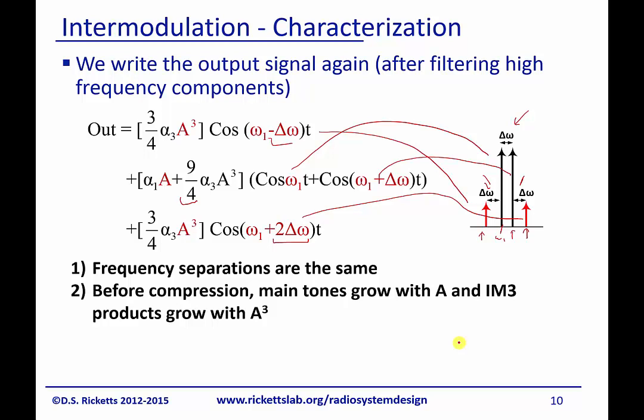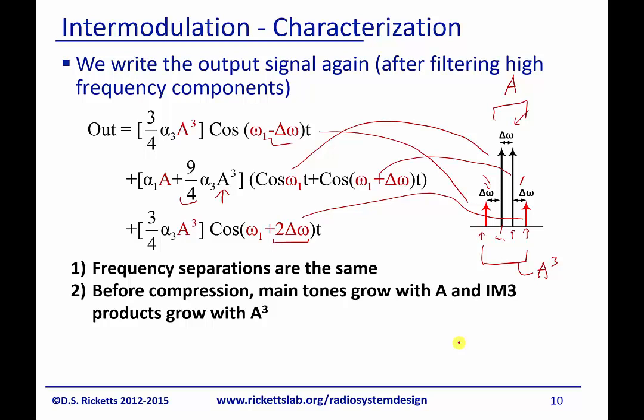And before we reach any kind of gain compression, the main tones grow with A. So these increase with A, and these two increase with A cubed. Okay, and you're saying, but wait, don't the main tones have an A cubed component? They do.